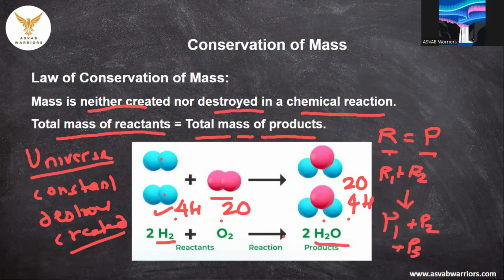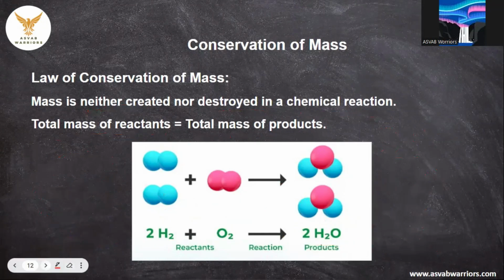It could be any number, but the summation of the reactants is always equal to the summation of the products. So again, what is the law of conservation of mass? Mass is neither created nor destroyed in a chemical reaction. The total mass of the reactants is always equal to the total mass of the products.